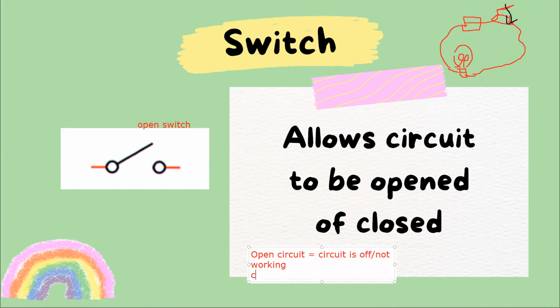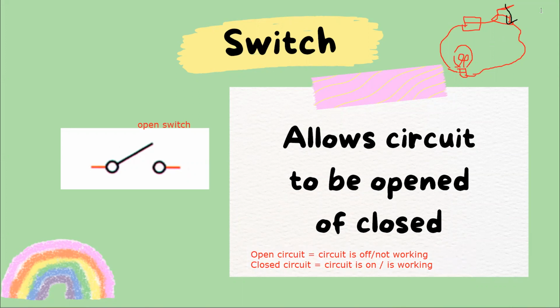Closed circuit means the circuit is on or is working. So this is the definition for each of the different types of circuits.